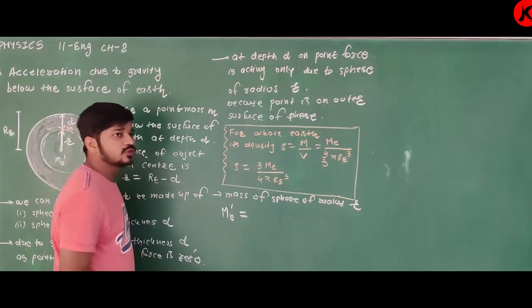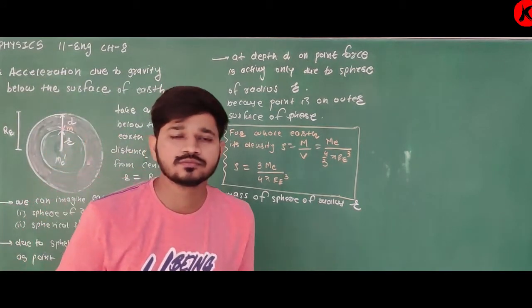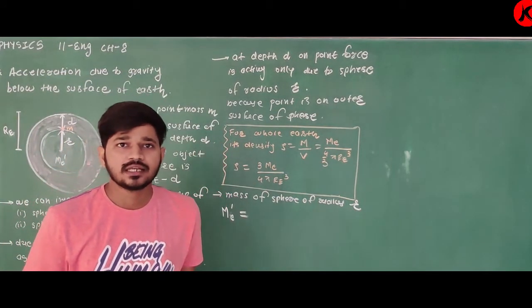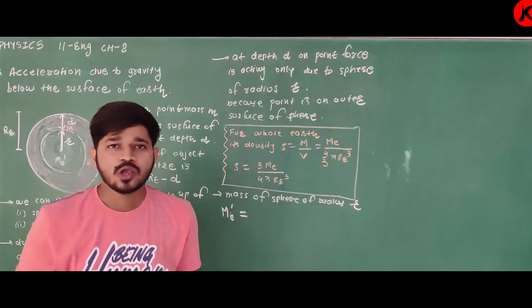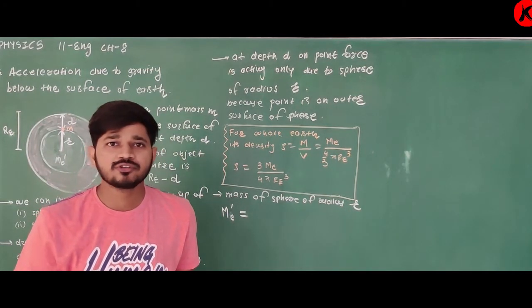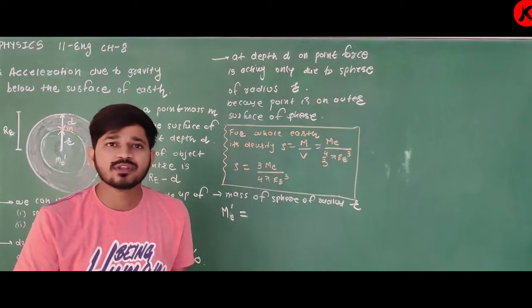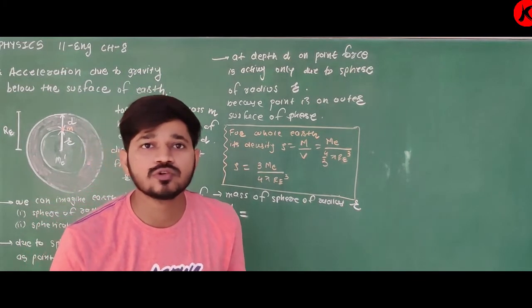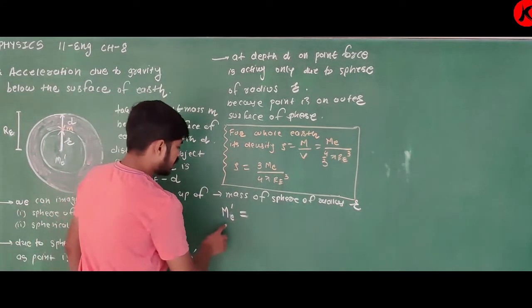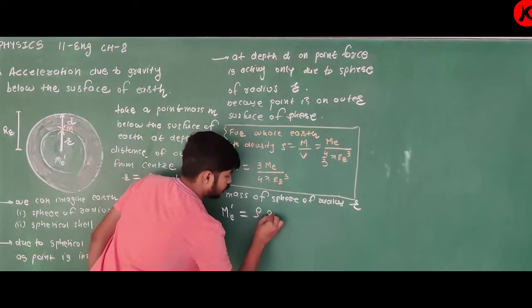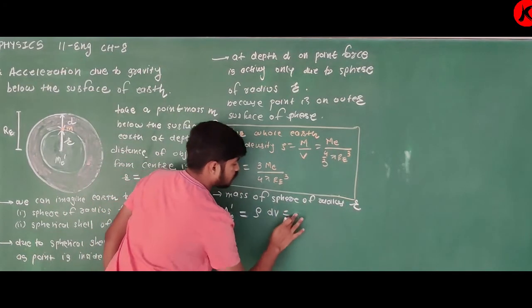So ME dash is equal to, remember chapter number 7: for a one dimensional object dm is equal to lambda dx. For a two dimensional object dm is equal to sigma dA. For a three dimensional object dm is equal to rho dV. So ME dash is equal to rho dV. What is rho?